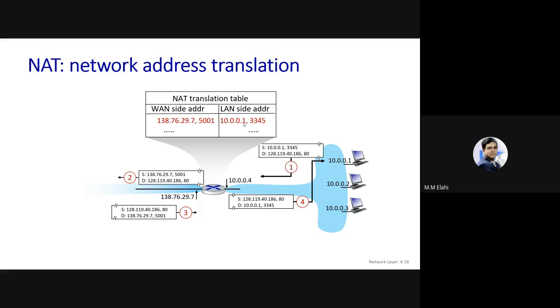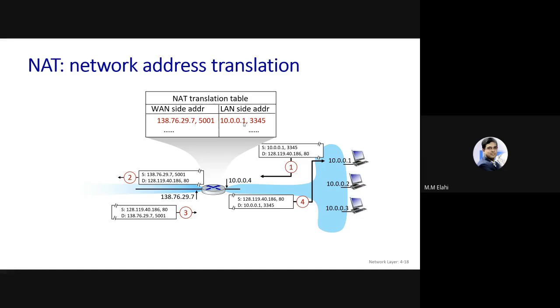So if another application on 10.0.0.1 is communicating, it must use a port number other than 3345. But 10.0.0.2, a separate machine, separate host, can use the same port number. To understand our concept, we assume this will use the same port number.